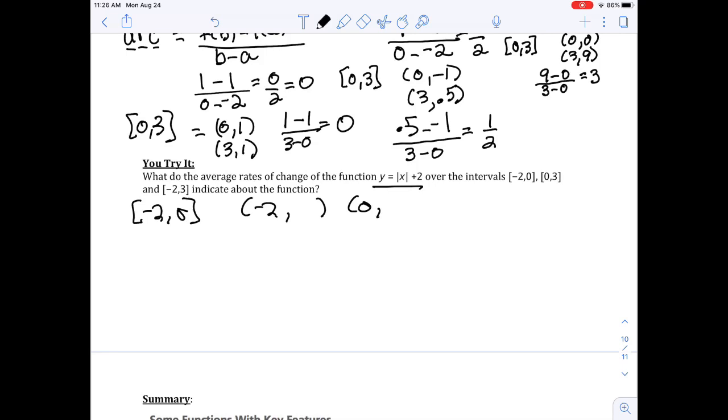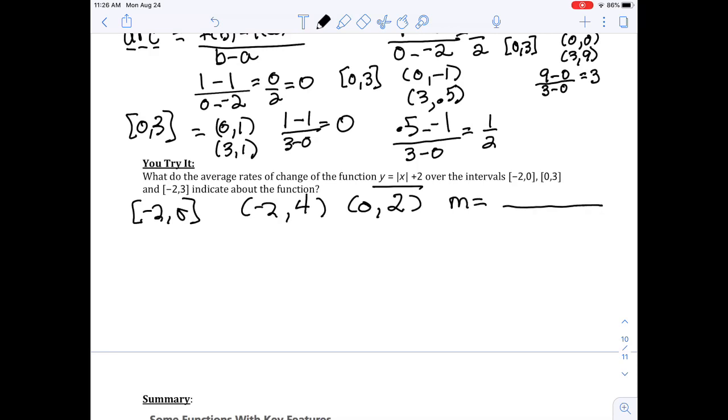Okay, so that means we're going to have -2, comma, y, and 0, comma, y. And so what we're going to do is plug -2 into that equation and get our y value. So -2, absolute value +2, plus 2 is 4. And we're going to plug in 0. 0 plus 2 is 2.